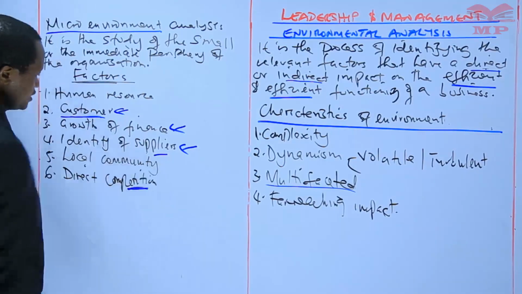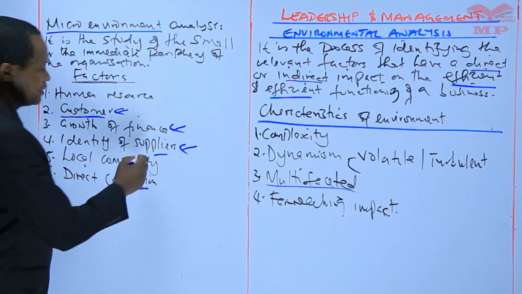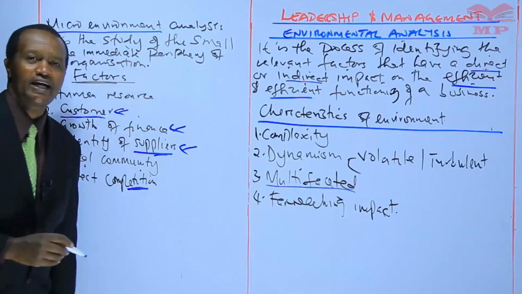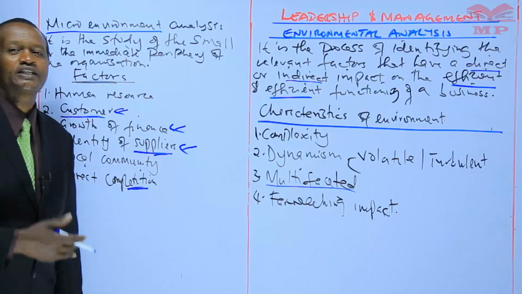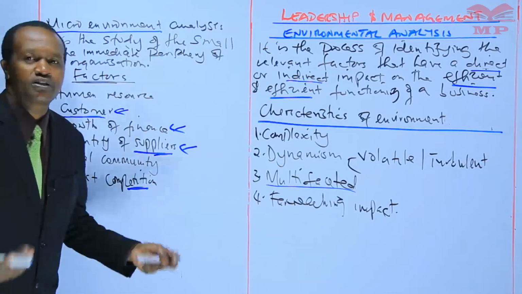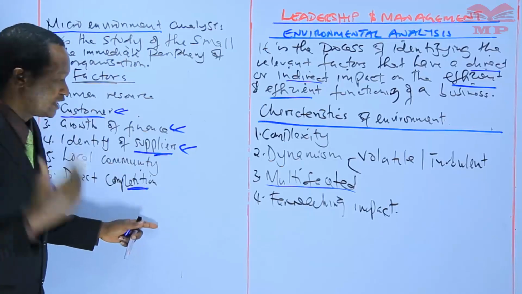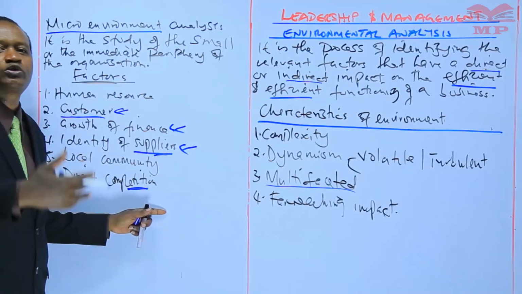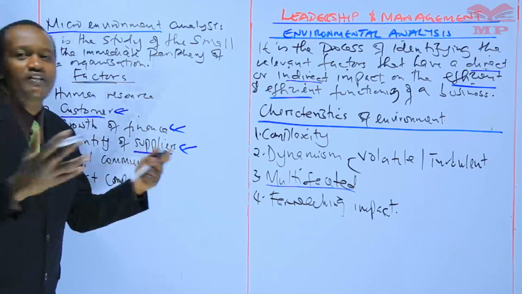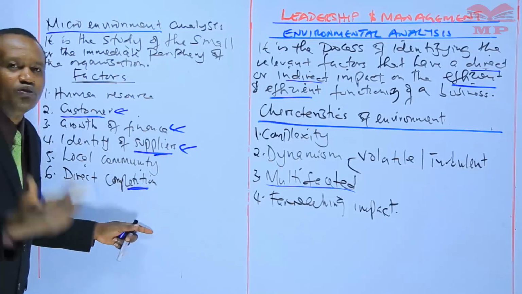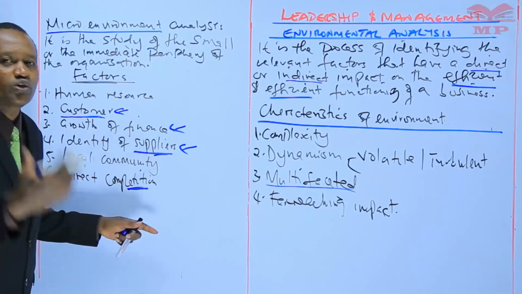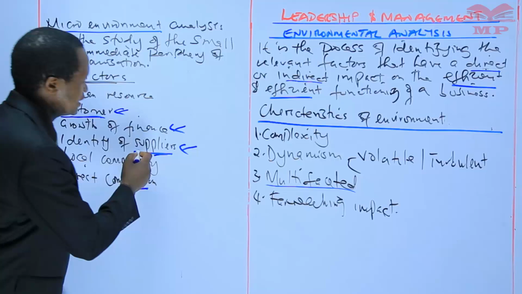Competition, all right? I also mentioned suppliers. These are the people who supply the organization with the inputs, because a company must acquire raw materials, must acquire labor in order to produce products and services. So it is essential for a firm to have ongoing relationships with the suppliers.